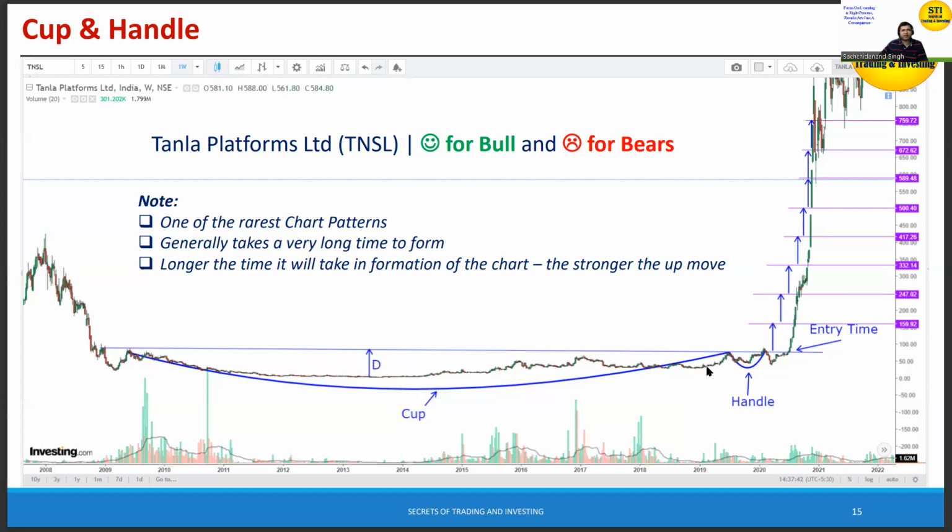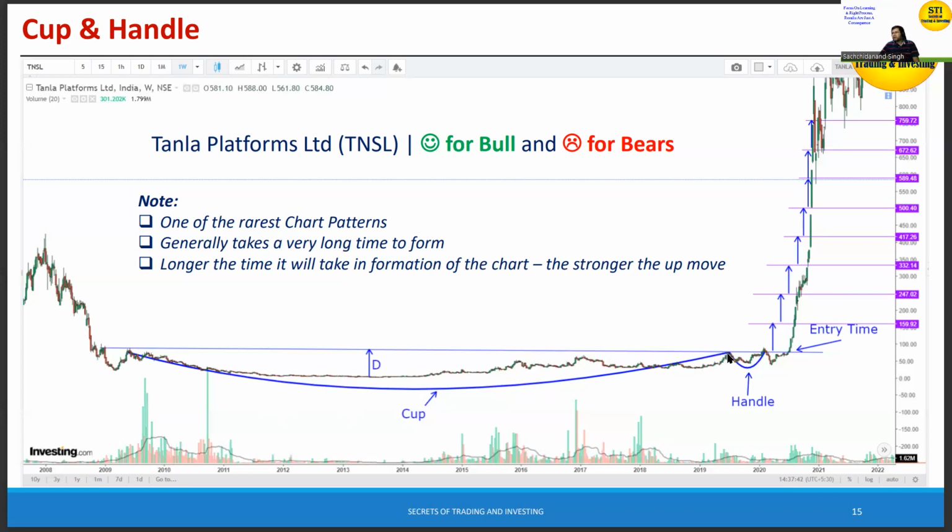I mean, there is no such handle in any cup, but the first formation is called a cup, and the second small formation is called a handle. Okay, so what that concept says is that whenever such a formation is happening for a long period of time, that means the price is not making any very good positive move.